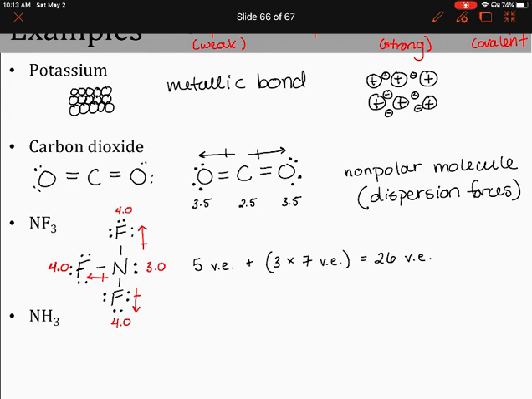Now, before we actually determine if this molecule is polar or nonpolar, we have to figure out what the geometry of this molecule is. So, how many electron groups do we have? We're going to look at nitrogen. How many electron groups are attached to nitrogen?